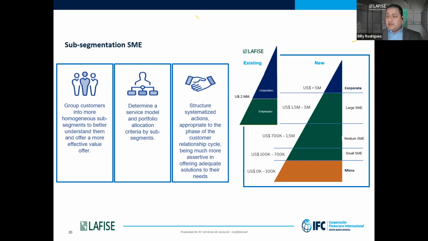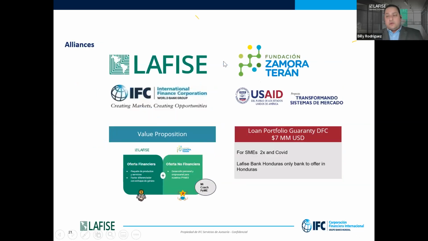So if we go to the last slide, this is the part where alliances play a big role in this type of initiative, especially coming from the private sector, where you need to bring different actors into the mix. We have the IFC, which has been a super valuable partner in creating and documenting, getting all the data, and structuring the whole program.